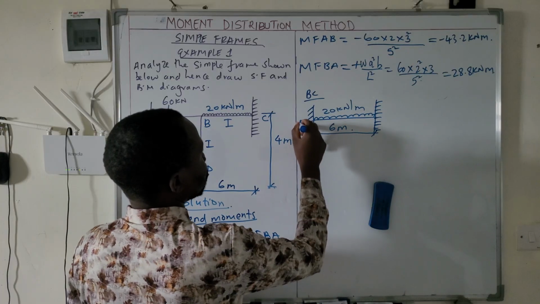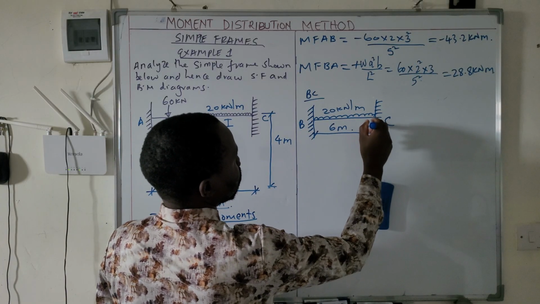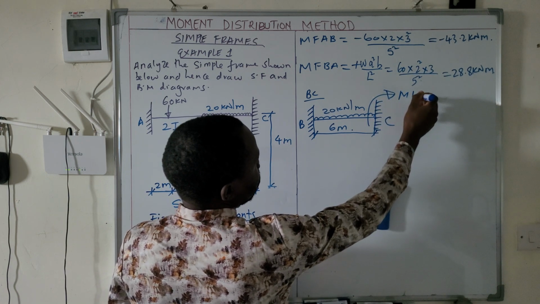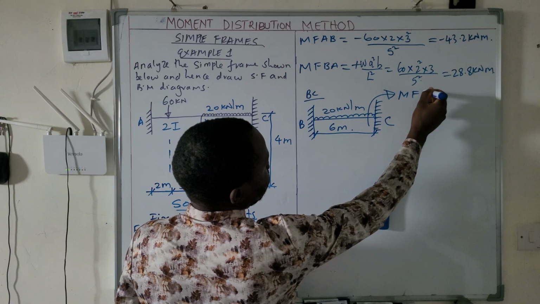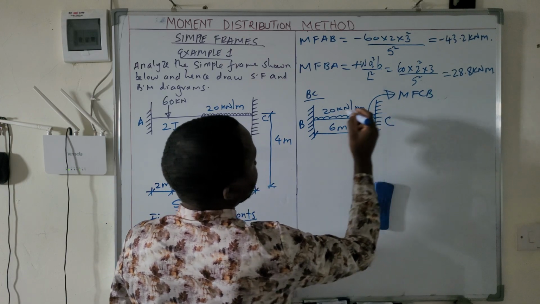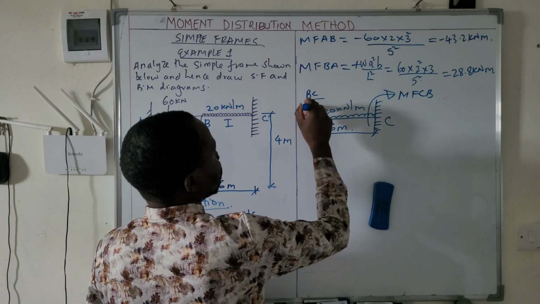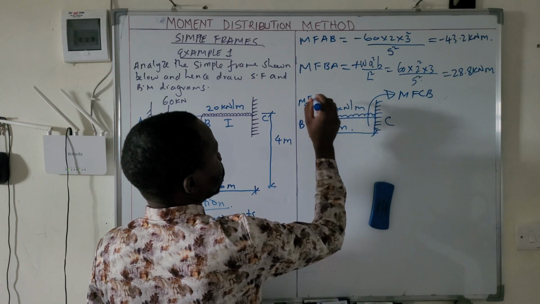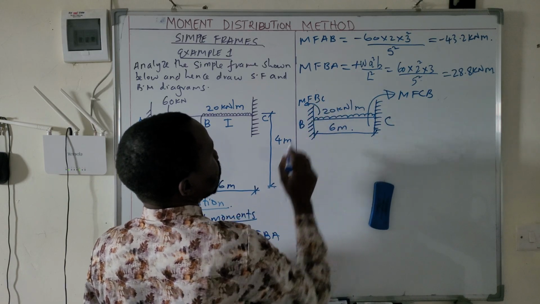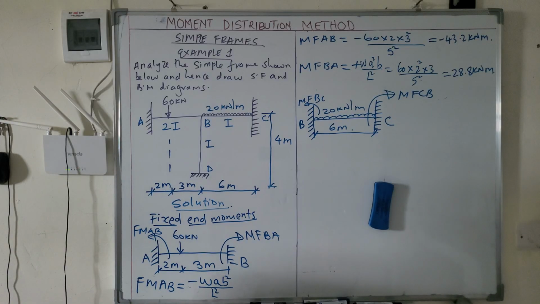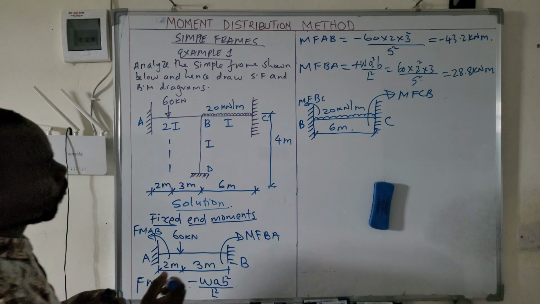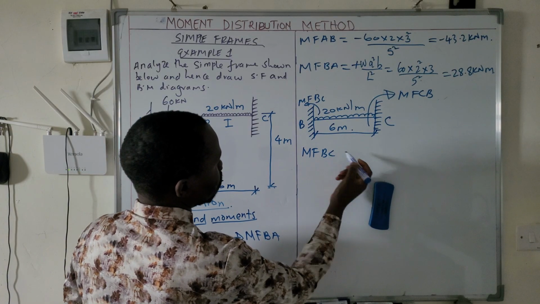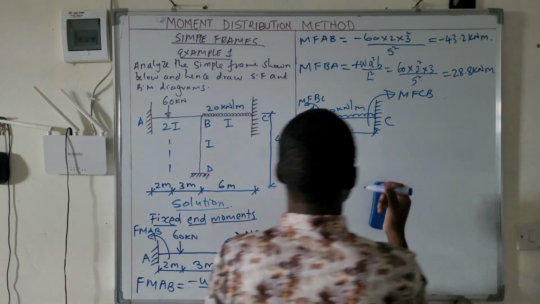Then this is B, this is C. So here we'll have MF CB. Then here MF BC, like that.